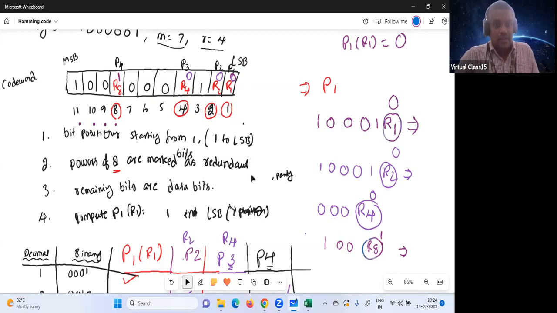So now the receiver receives the entire code word. Now we will try to understand the receiver side: how detection followed by correction will happen.